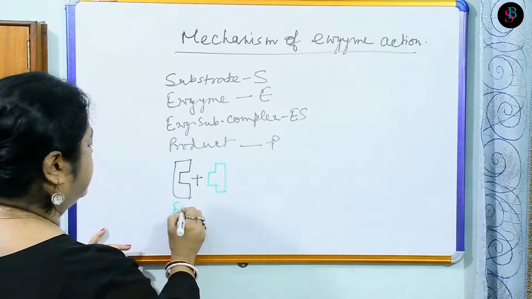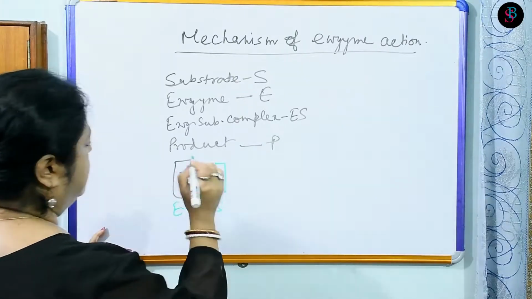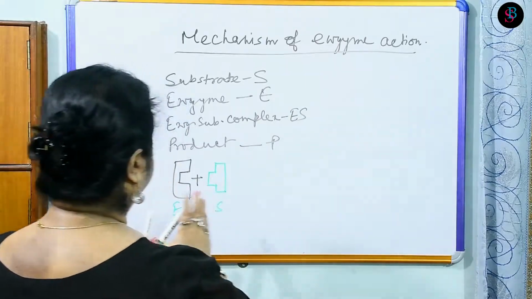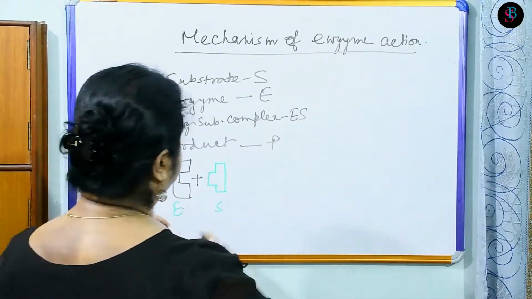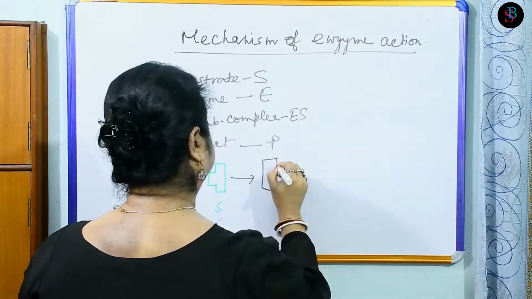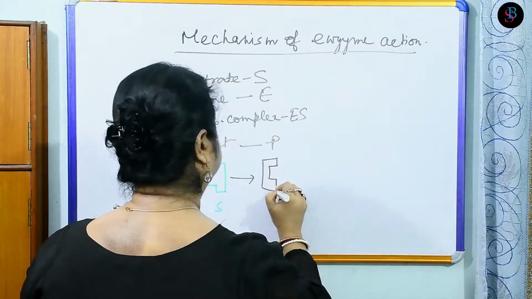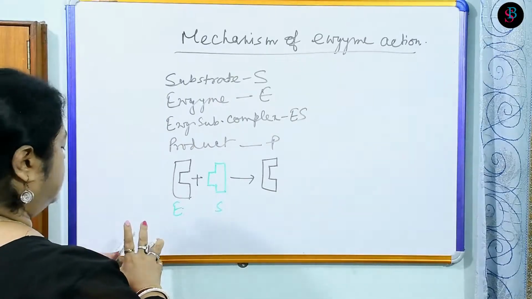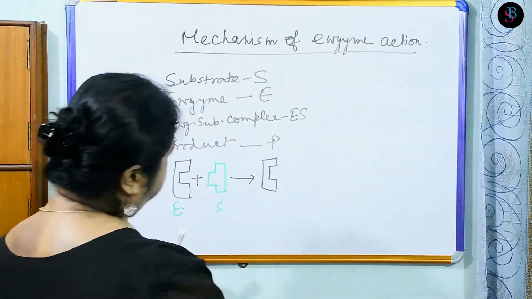So this is the enzyme and this is substrate. Now it's forming the enzyme substrate complex in this way, that they should be in close approximation.